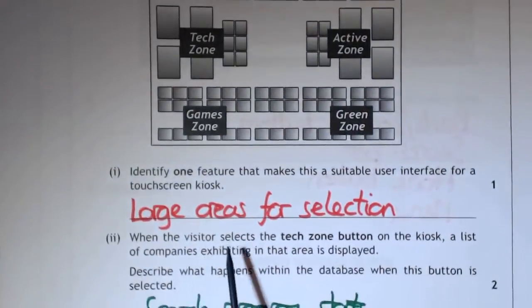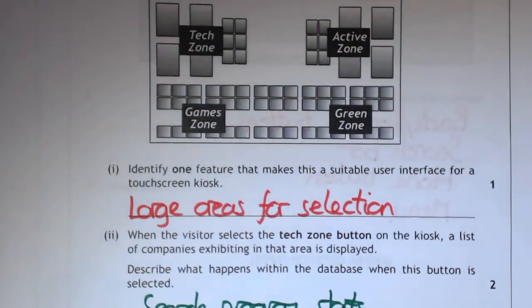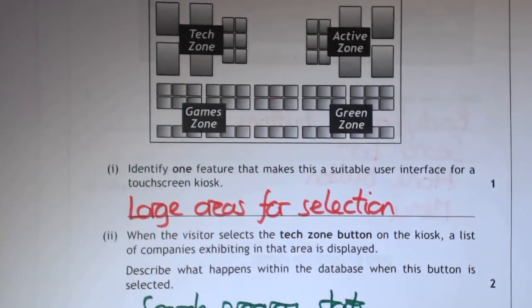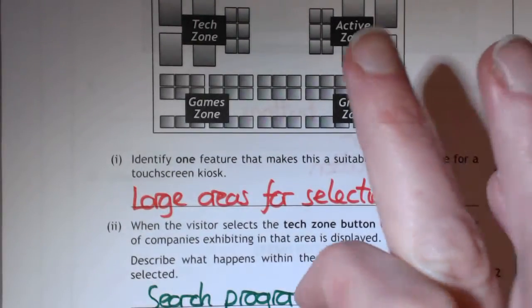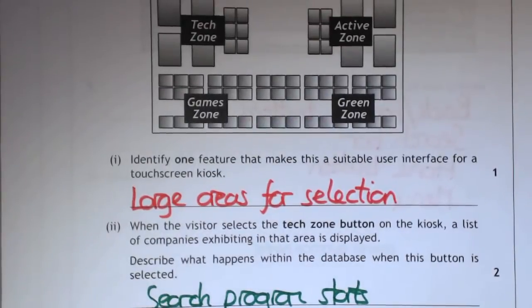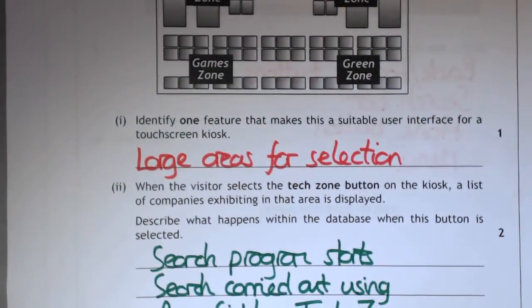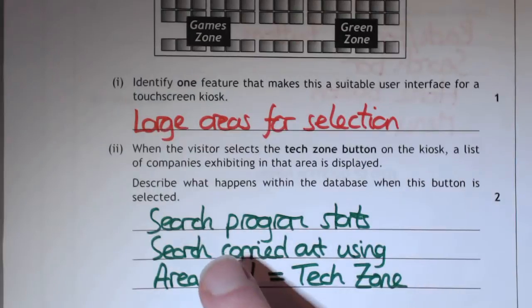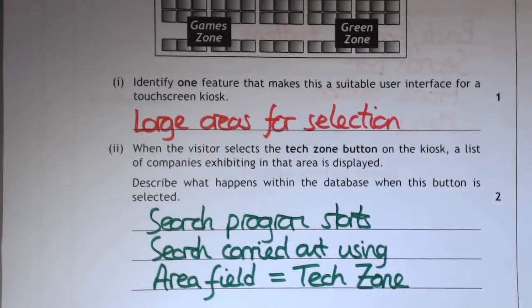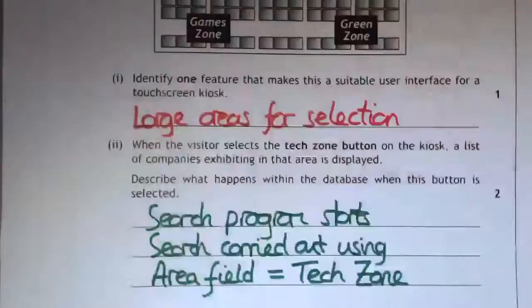And it says here, when the visitor selects the TechZone button in the kiosk, a list of companies exhibiting are displayed. What happens, right? Basically, you click on it, a wee search program pops up, and the actual field you're searching is the area field. So this wee search program starts up, and if you click on TechZone, you're searching the area field for TechZone, right?